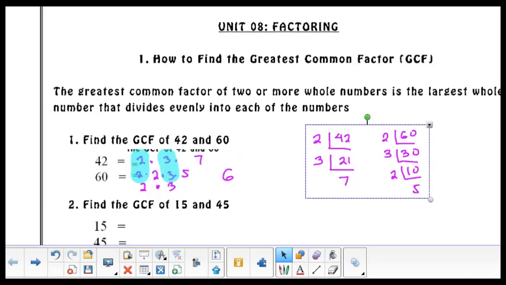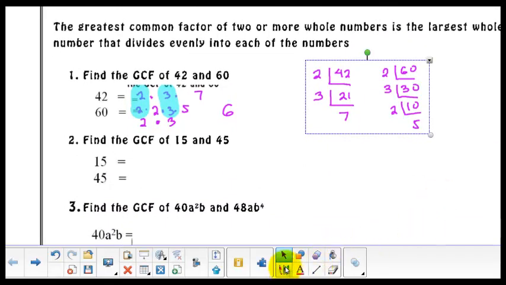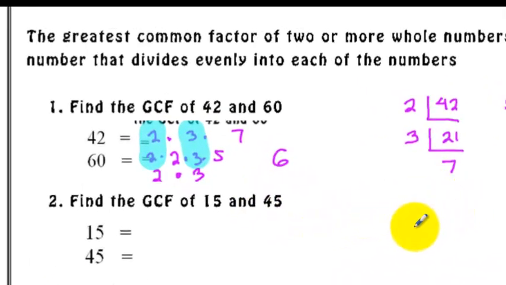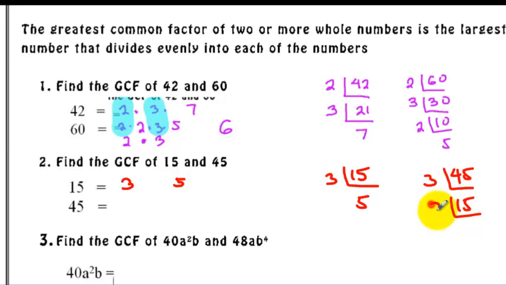Next example. Let's find the GCF of 15 and 45. We are going to get the prime factorization of 15. The smallest prime number that can divide 15 is 3. We'll get 5. Since 5 is a prime number, we're done. The prime factorization of 15 is 3 times 5. Next, 45. 3 divides 45, which gives 15. 3 divides 15, we'll get 5.